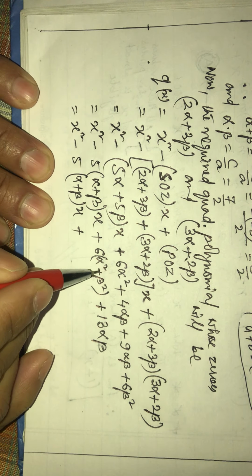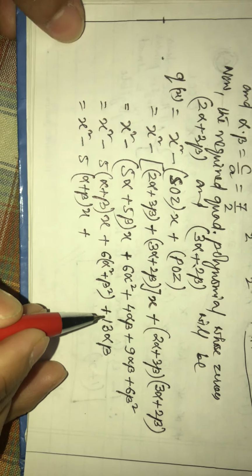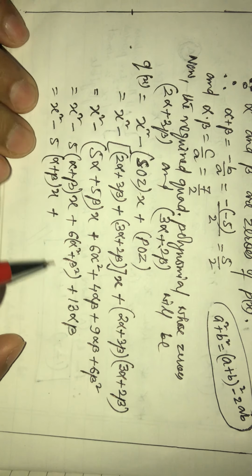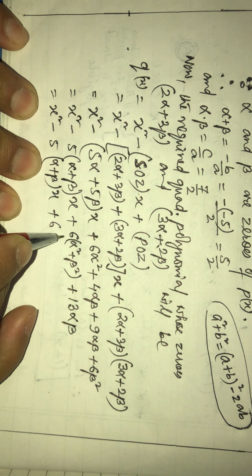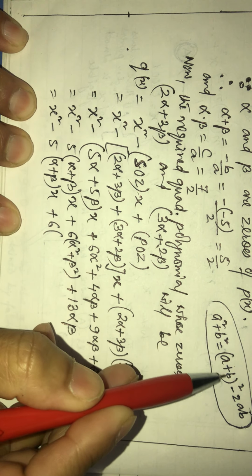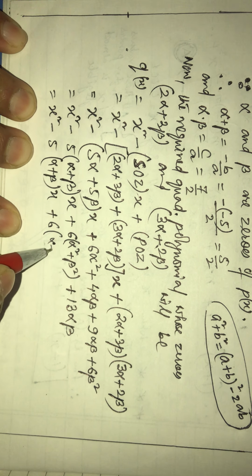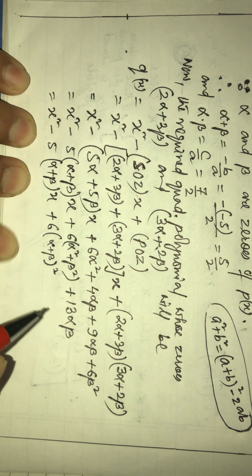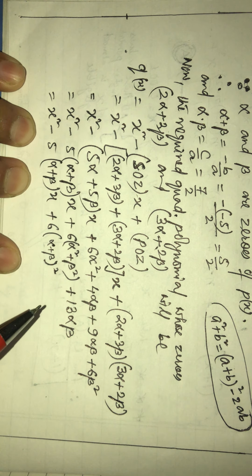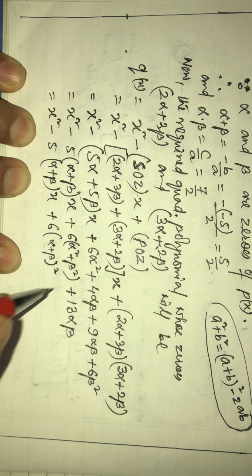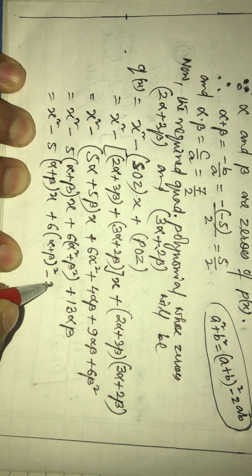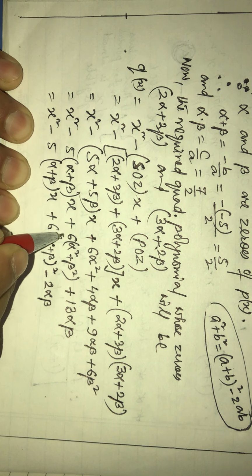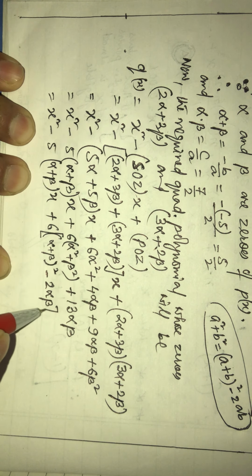Here alpha square plus beta square, it is a square plus b square, as I explained. Right, 6 bracket, so I will use a plus b whole square, meaning alpha plus beta whole square, then minus 2ab, where a means alpha, b means beta. So this I'll keep in a whole bracket. Why?